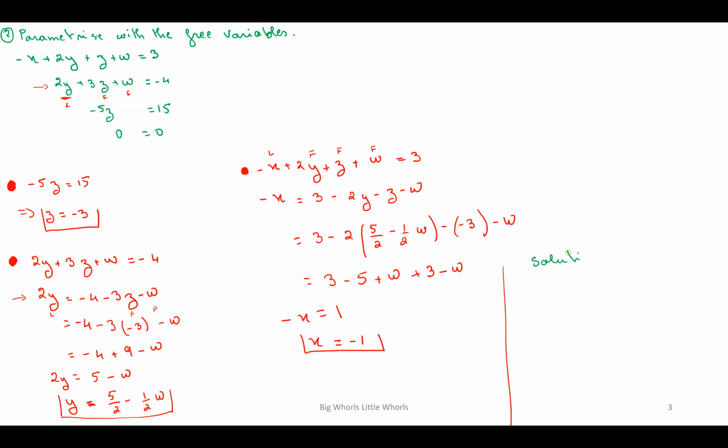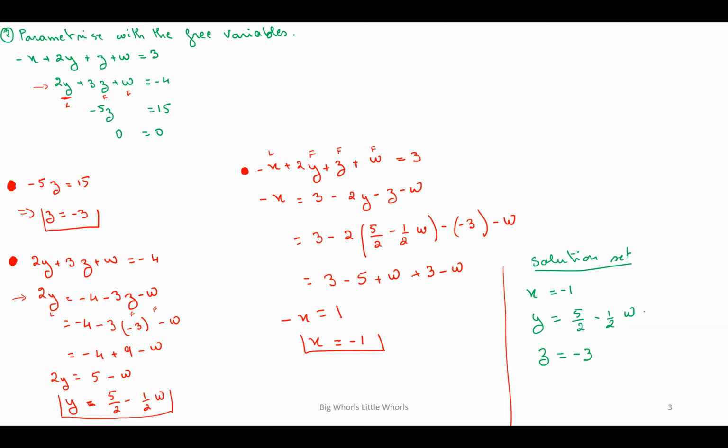Describing the solution set using vector notation is very interesting. So we have x equals minus 1, y equals 5 over 2 minus a half of w, and z equals minus 3.